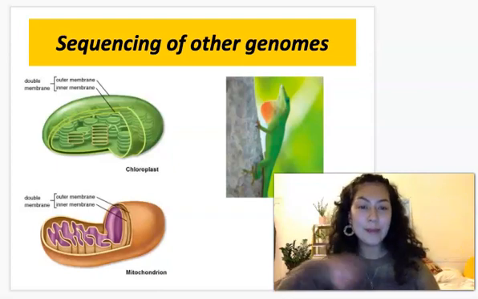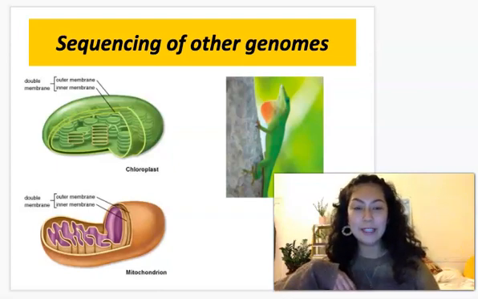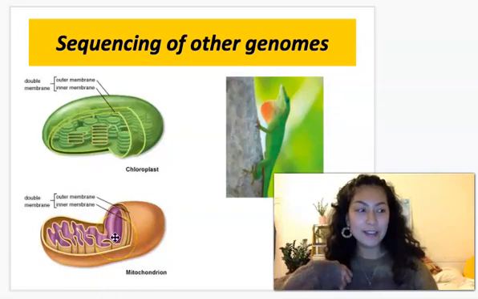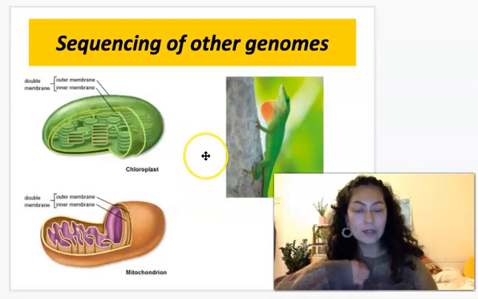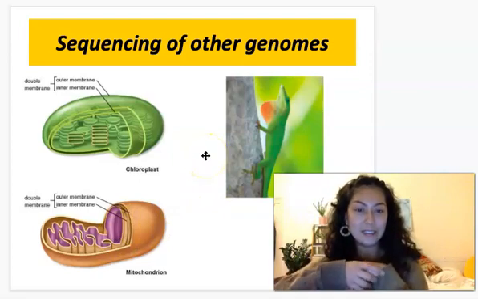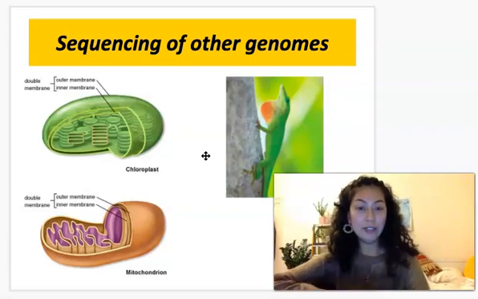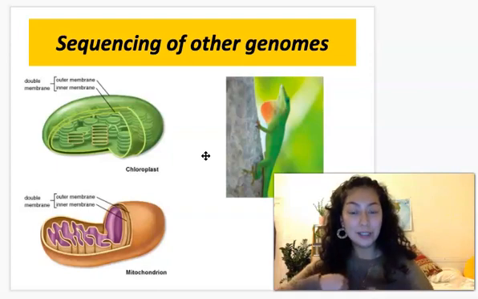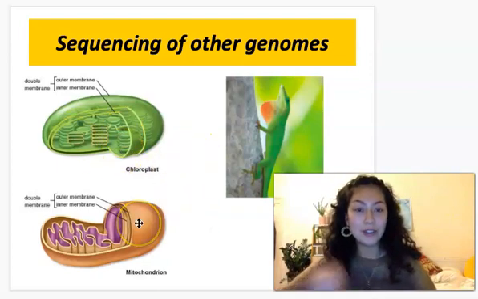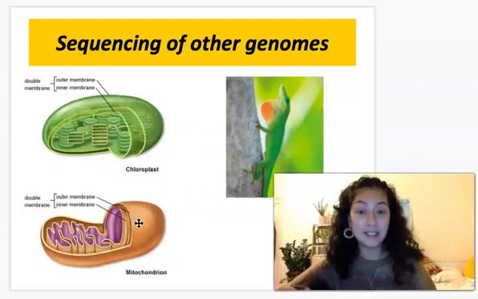If you remember way back to chapter 1, looking at the ultrastructure of cells, chloroplasts and mitochondria used to be bacterial-like organisms themselves that at one point in our evolution got absorbed into a cell. So chloroplasts and mitochondria actually have their own DNA that's separate to the DNA found in the nucleus.